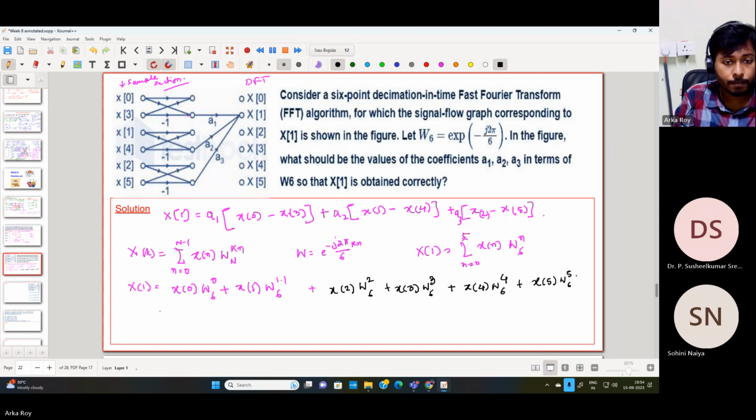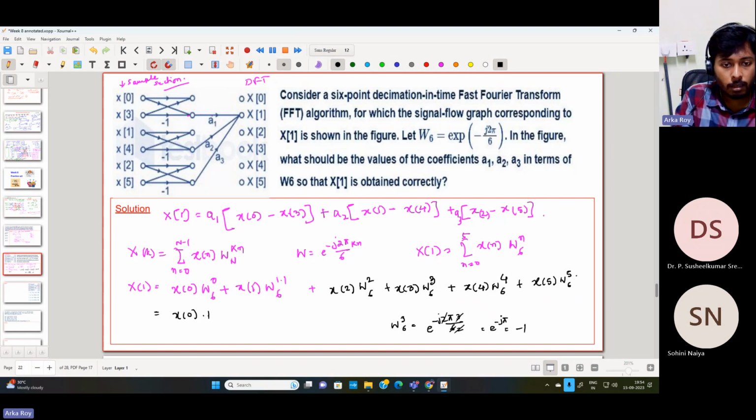Okay, so from here I can see that this is x naught and W6 0 is basically 1. Fine. Now let me check what is the value of W6 3. W6 3 can be written as e to the power minus j 2 pi times 3 divided by 6, which is e to the power minus j pi, and e to the power minus j pi is nothing but minus 1.